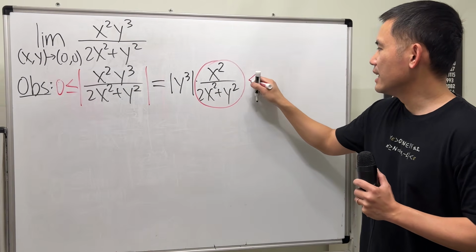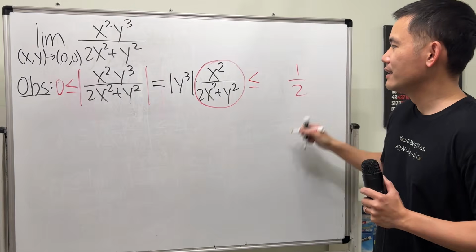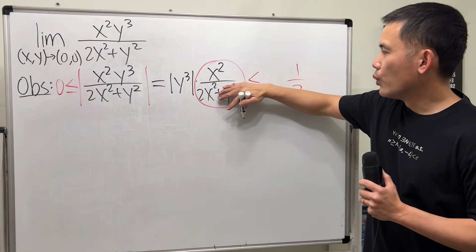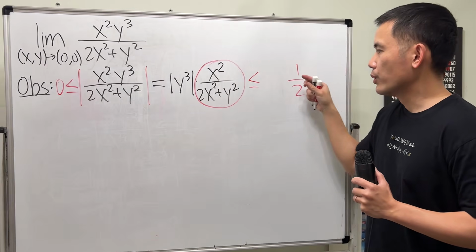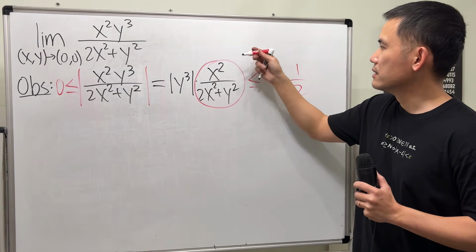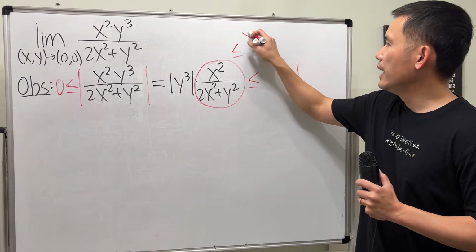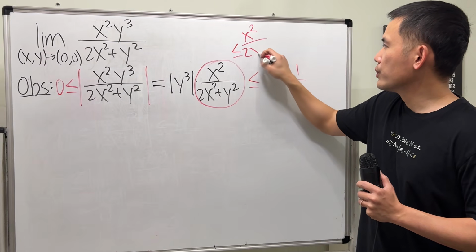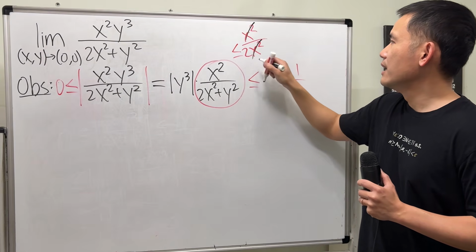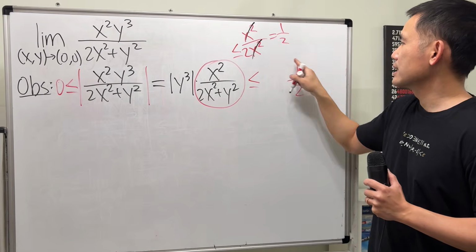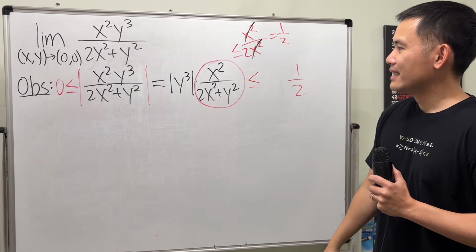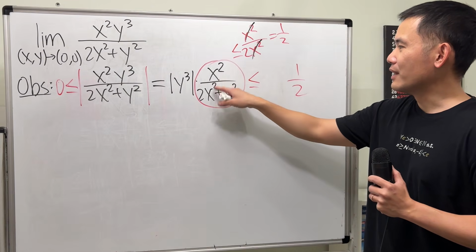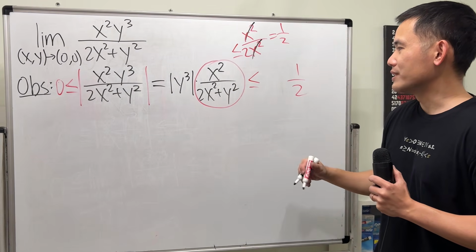We can say that is less than or equal to 1/2. When you ignore the y squared, this thing right here is smaller than or equal to x squared over 2x squared. And then you can reduce that and just get 1/2. So that's how we end up with the 1/2. Thanks to that. And then none of this is going to be negative, so we have no worries at all.